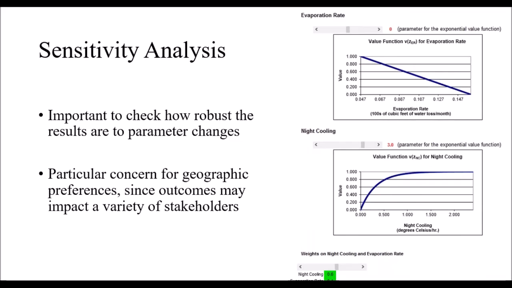Right. Just a quick point out that the bottom of the slides are a little bit cut off. Basically at the bottom, those are your original weights of night cooling 0.6 and evaporation rate 0.4. It just doesn't show on our screens. Thank you. Yes, if it's not showing up, there's also a slider for the night cooling and evaporation rate weights.